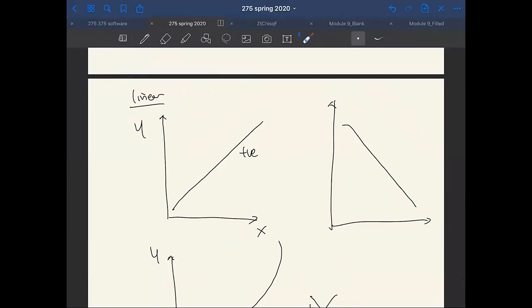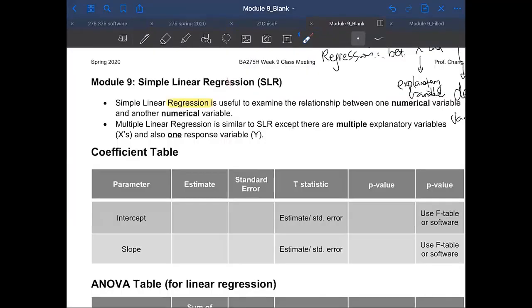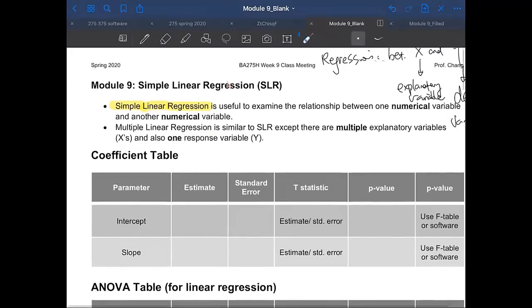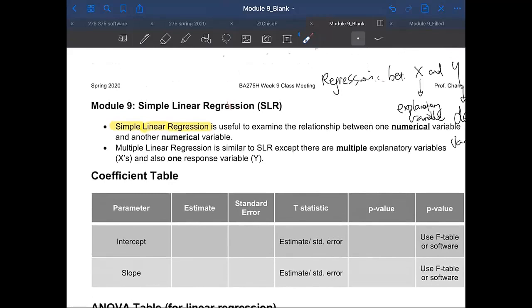Good. The next word we're going to focus on is simple. I mentioned this a few times in the slides: what does simple mean in simple linear regression? Sometimes we want to compare simple linear regression with multiple linear regression, so you want to differentiate them.